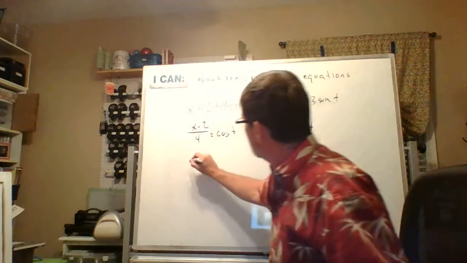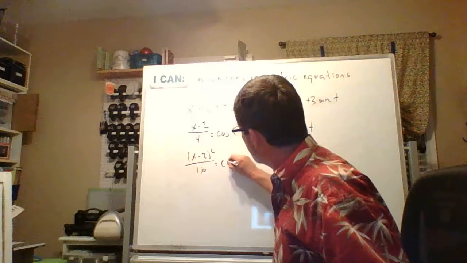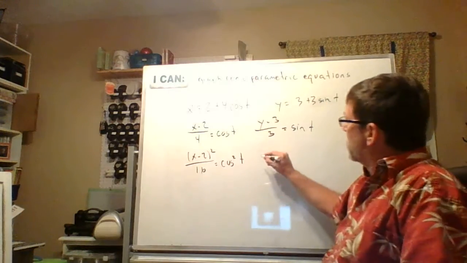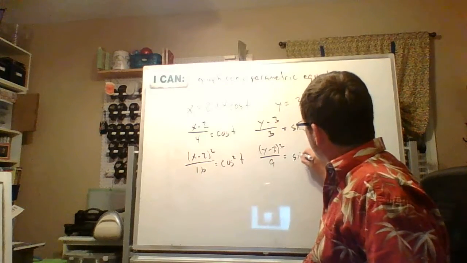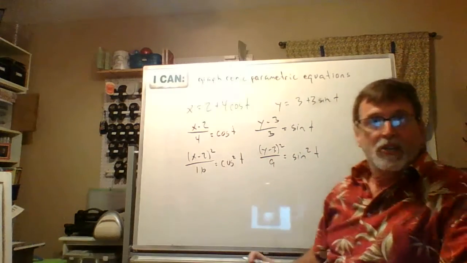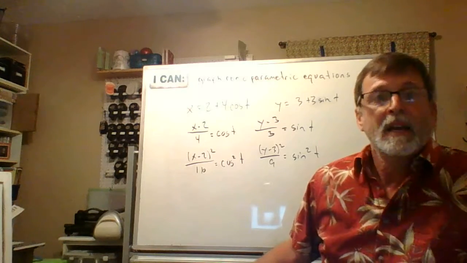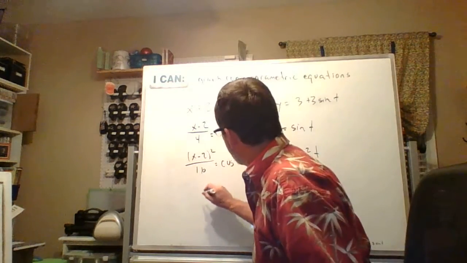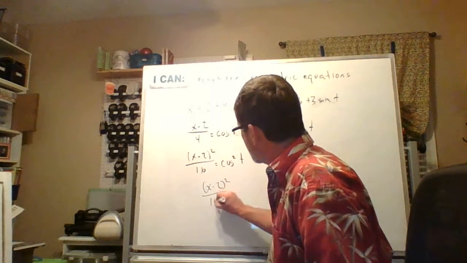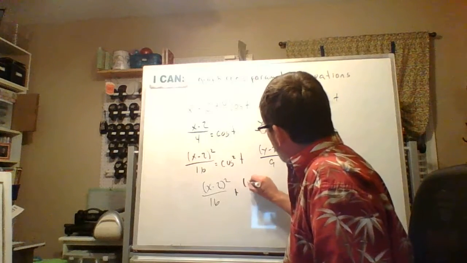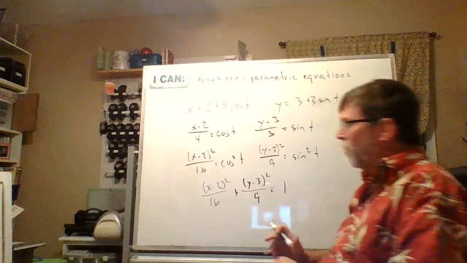Squaring both sides. X minus 2 squared over 16 is cosine squared t. Y minus 3 squared over 9 is equal to sine squared t. Just like before, cosine squared t plus sine squared t equals 1. Substituting, we'll get x minus 2 squared over 16 plus y minus 3 squared over 9 is equal to 1.